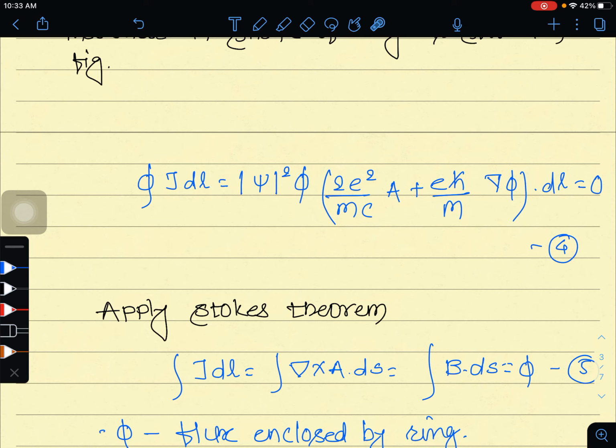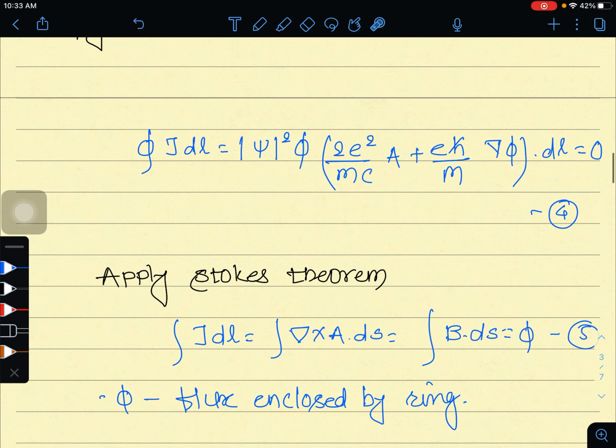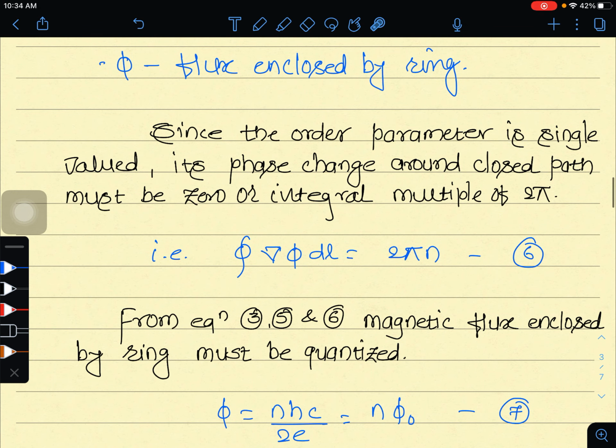Why? Because when we consider the closed path, the phase change around it must be a multiple of 2 pi.